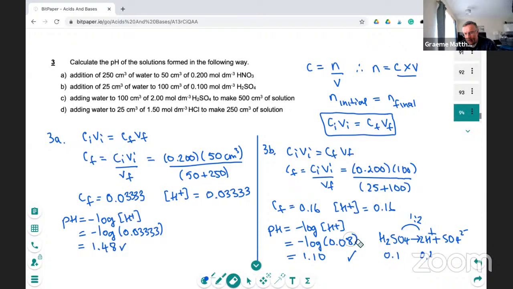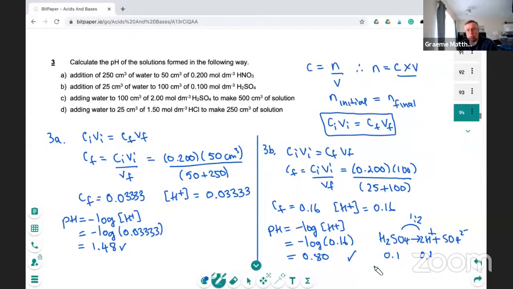And so therefore this is going to change slightly. Hold on. 0.16. And so minus the log of 0.16 is coming back as, all right, it just dropped down to 0.80, all right? Slight drop of 0.80, okay?